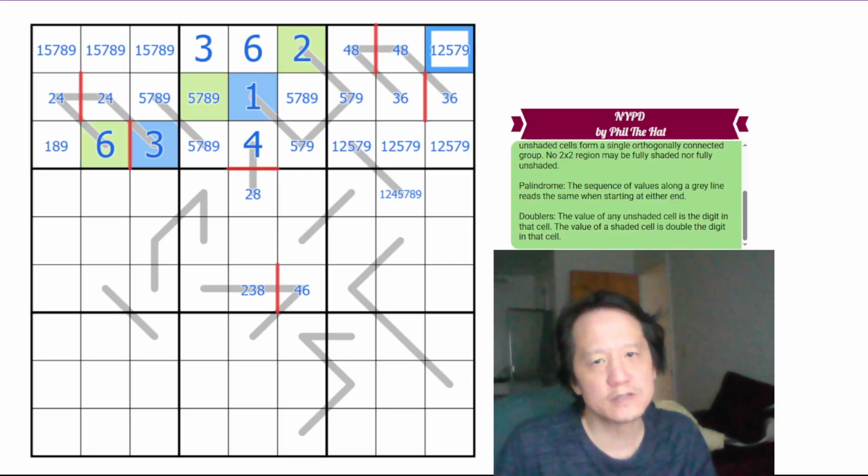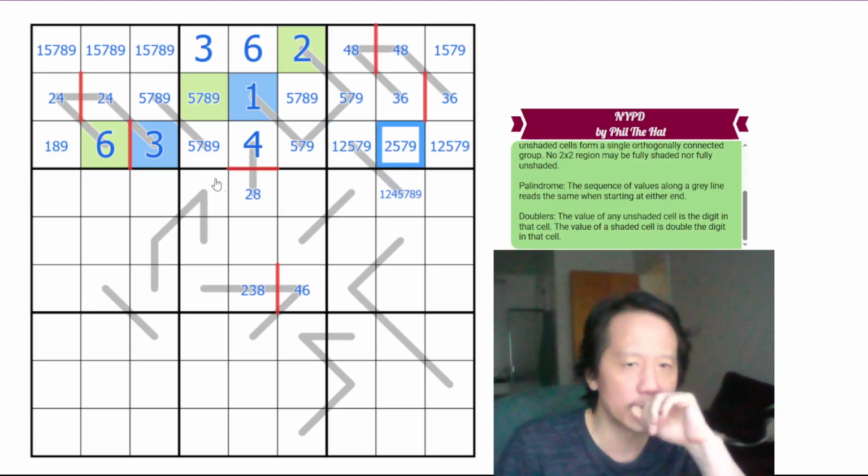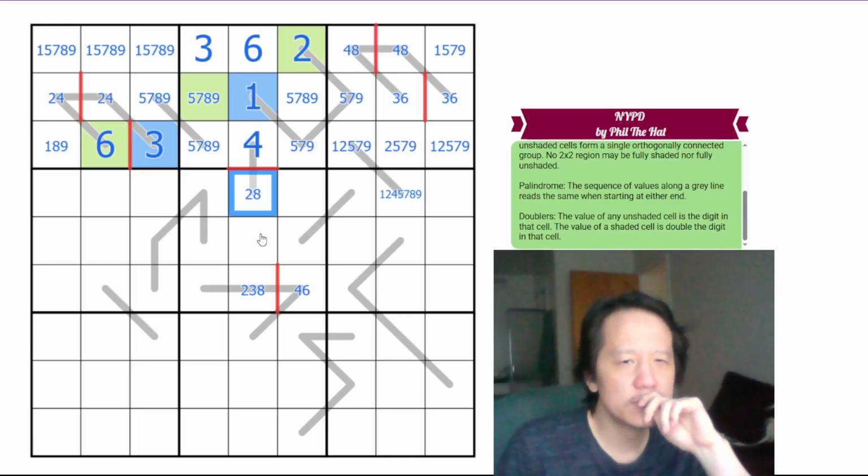Okay, this can't be 2. Therefore, 2 has to be one of these 3 digits. So if 1 were here, it would be consecutive with the 2 guaranteed. So this can't be 1. Okay.